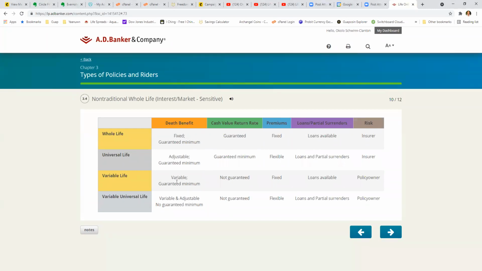Variable life: variable death benefit, guaranteed minimum, the cash value is not guaranteed, the premiums are fixed, the loans are available, the risk is with the policy owner. Variable universal life: variable and adjustable, no guaranteed minimum death benefit, cash value return rate is not guaranteed, premiums are flexible, loans and partial surrenders are available, the risk is on the policy owner.